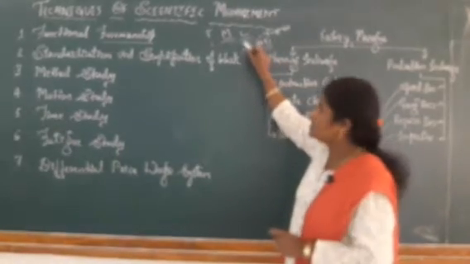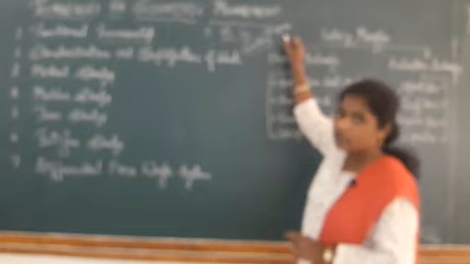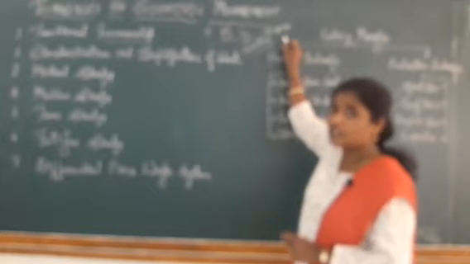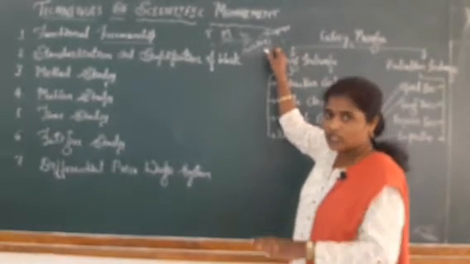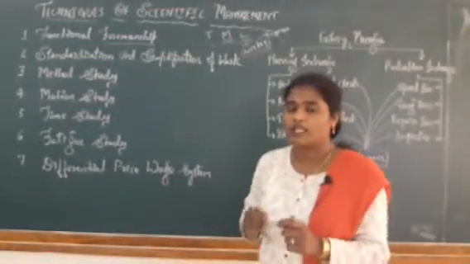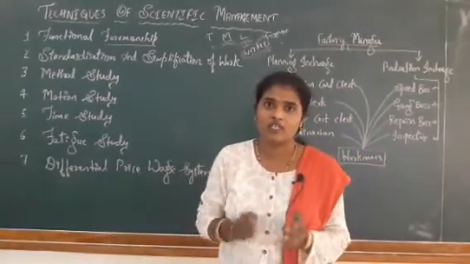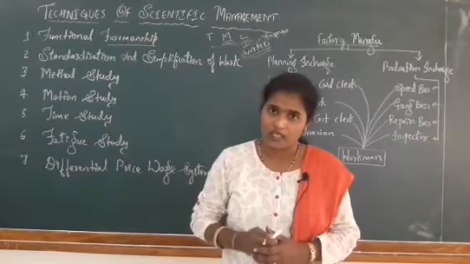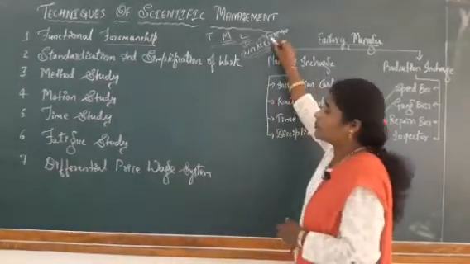That person will take the initiative and give guidelines to the remaining workers on how to do the work. We can call him the leader of that workers' group. That person is called the foreman.